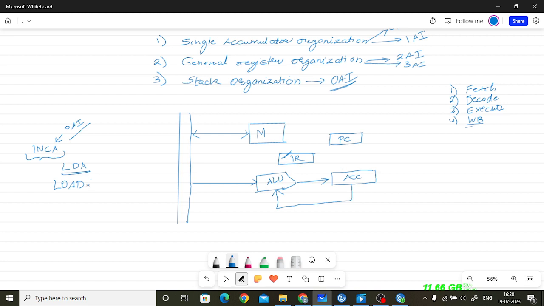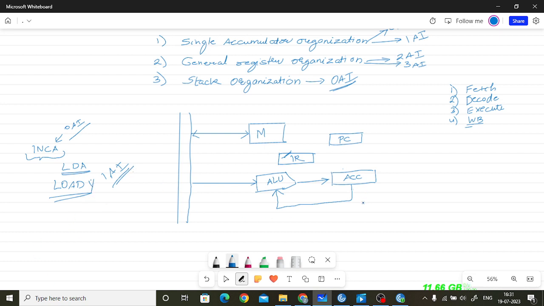LDA means load accumulator, and load y means to load the accumulator with the data present at the yth location in memory. So load y is a single address, one address, instruction.